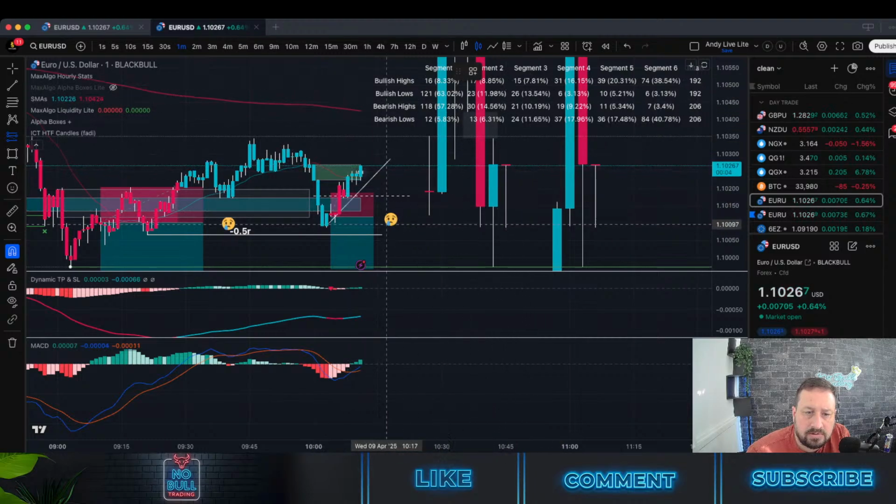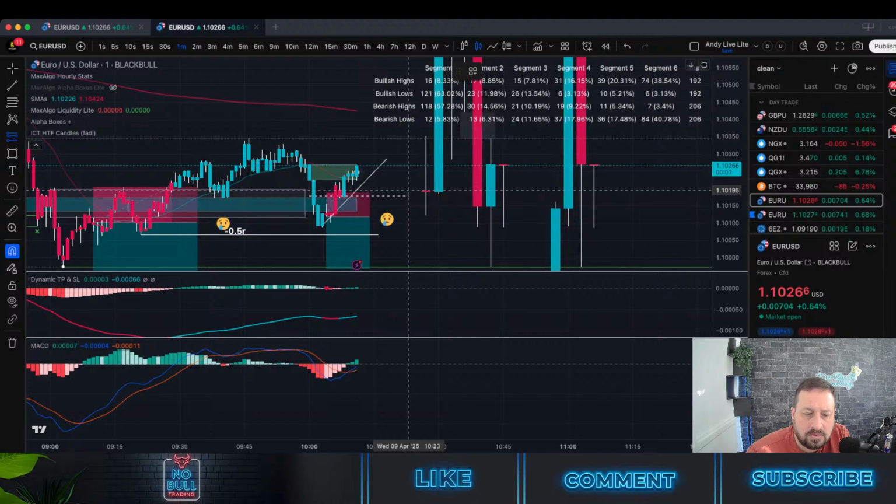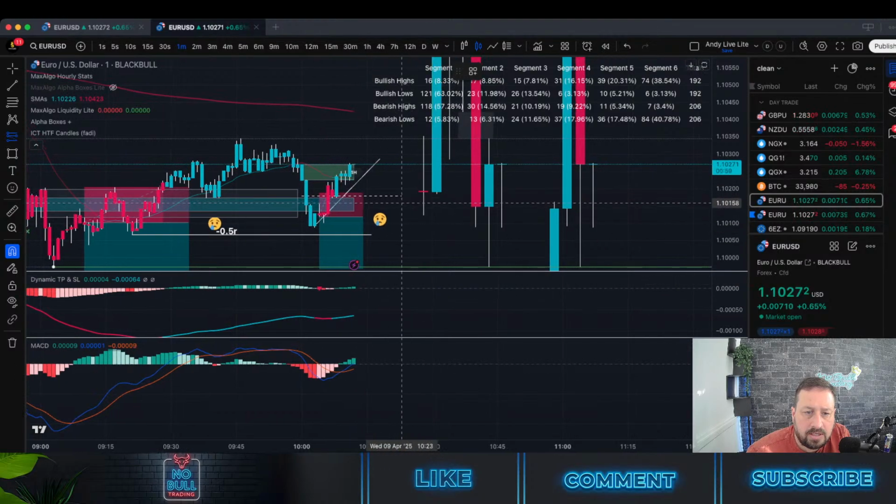Come up. Okay. So now we've put a wick. We're above the box. That's starting to come up.